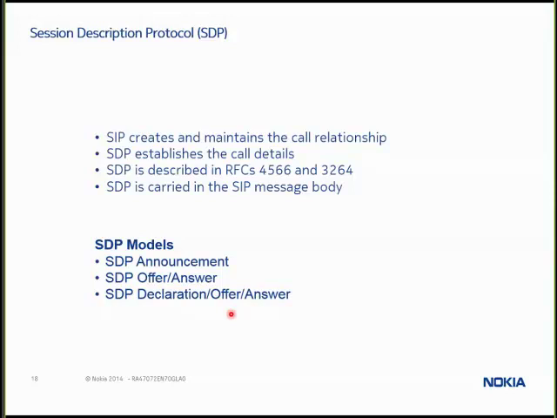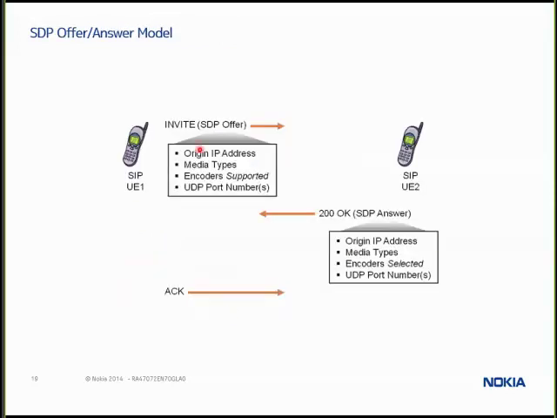So moving on. So here's what happens in our call. In the invite, we send that SDP offer. So this is the body of the invite SIP message. Inside there, we'll have the original IP address. That's the IP address of the subscriber. There will be the types of media. There will be encoding support.